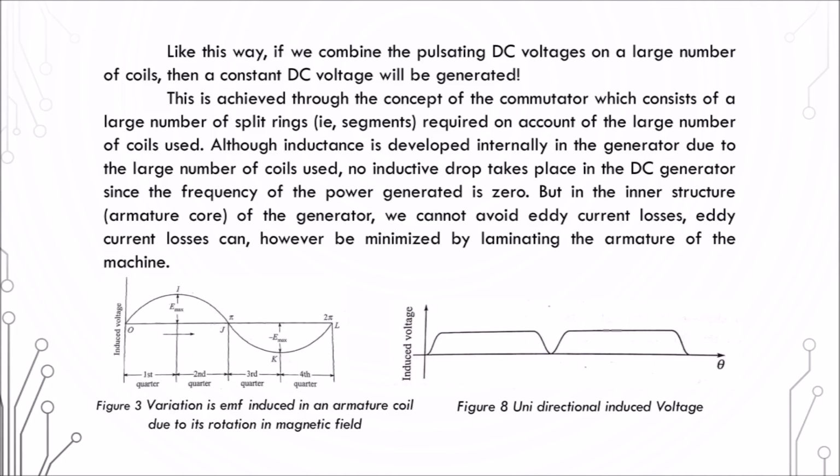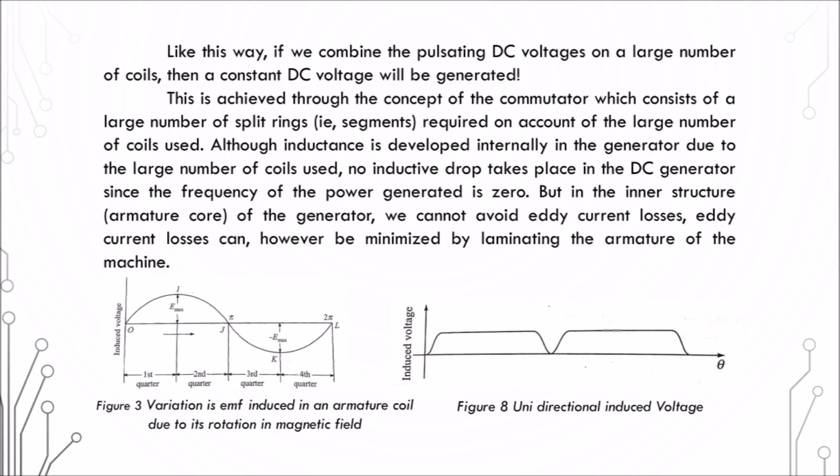Although inductance is developed internally in the generator due to the large number of coils used, no inductive drop takes place in the DC generator since the frequency of the power generated is 0.